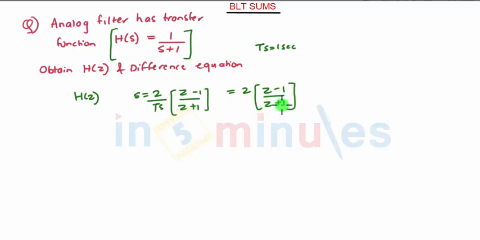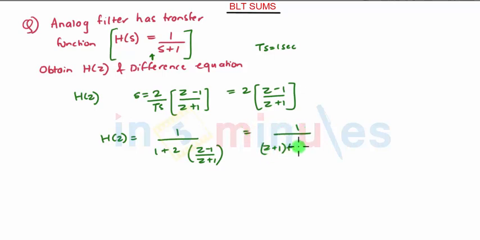Now we have to put this value in this equation, that is h of s. So while substituting this equation, we get h of z is equal to 1 upon 1 plus 2 into z minus 1 upon z plus 1. We will simplify these terms. We get 1 upon z plus 1 plus 2 into z minus 1 the whole divided by z plus 1.